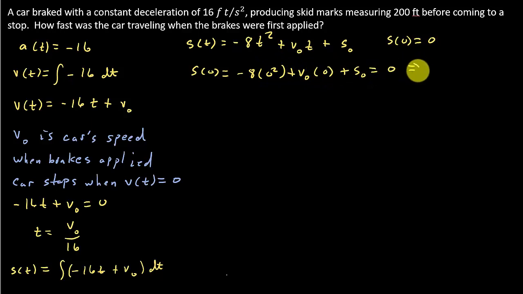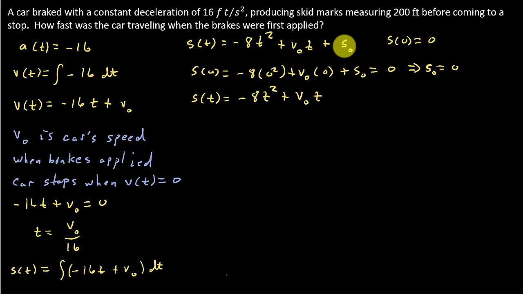Well, this tells me that s0 is equal to 0. So s of t is equal to negative 8t squared plus v0 times t. All I did was plug the 0 in for s0.